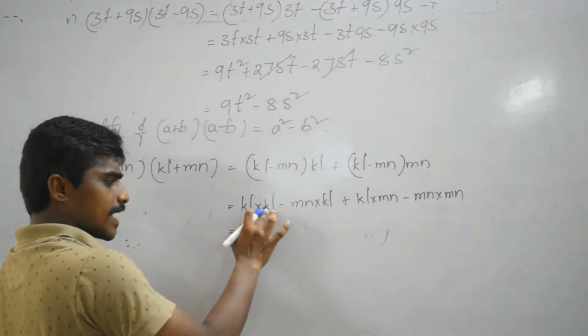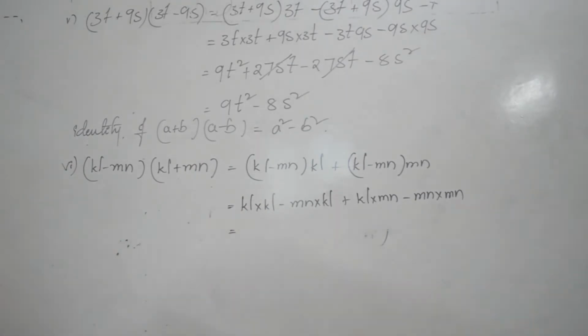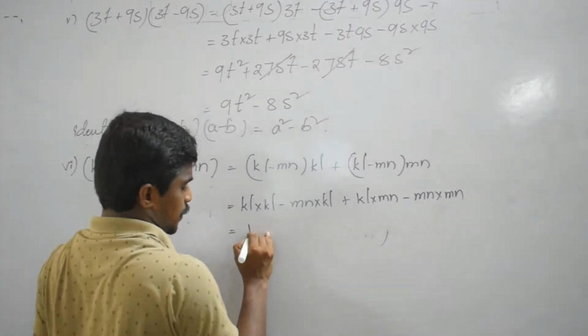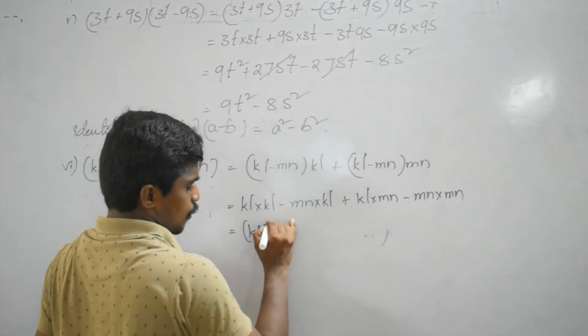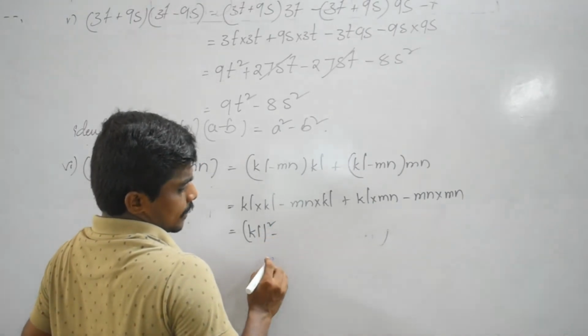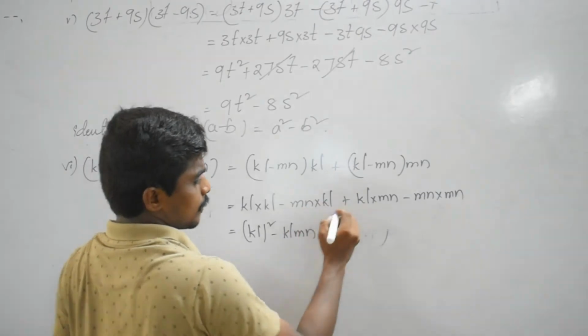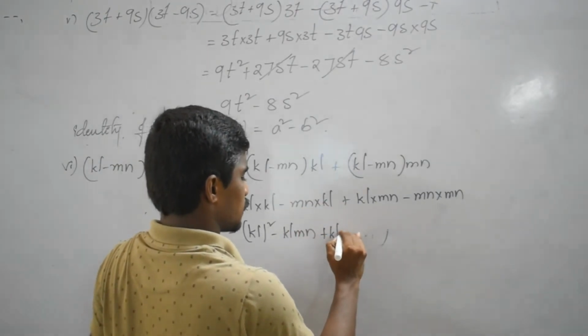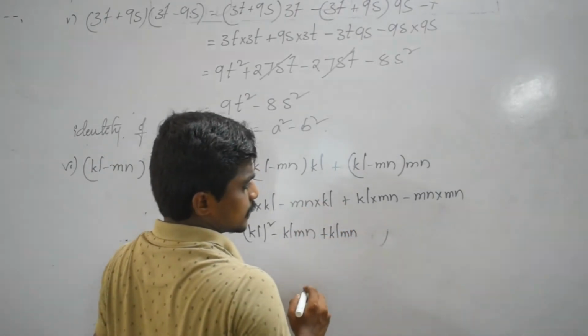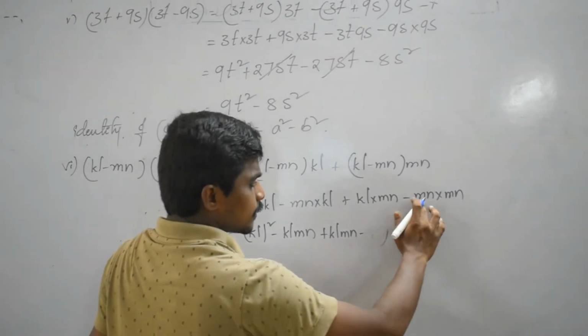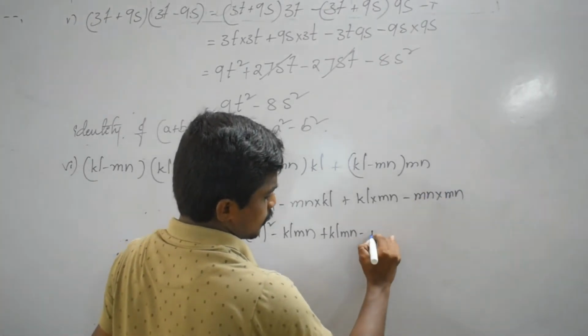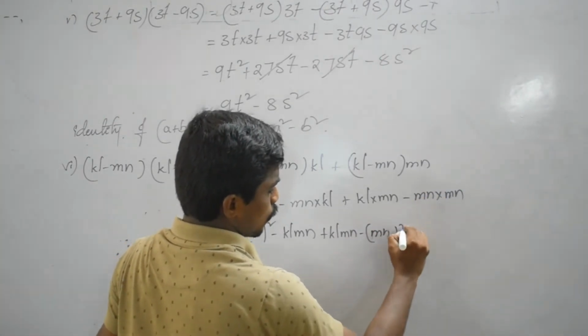So here kl cross kl is kl whole square, minus mn kl plus kl mn, and next, minus mn whole square.